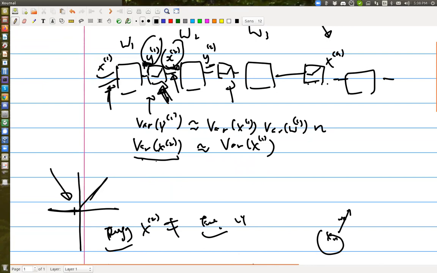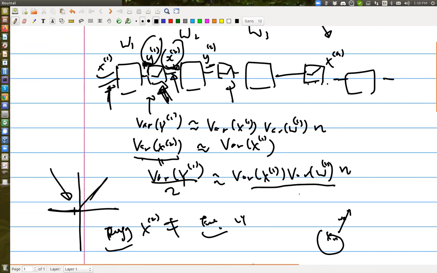And I know that the variance of x2 is equal to the variance of y1 over 2, right? And the variance of y1 is approximately the variance of x1 times the variance of w1 times n. So with the over 2, what I want is for this to be equal to 1.